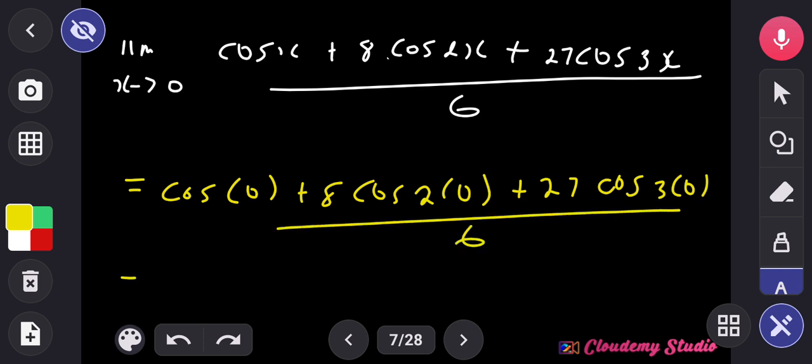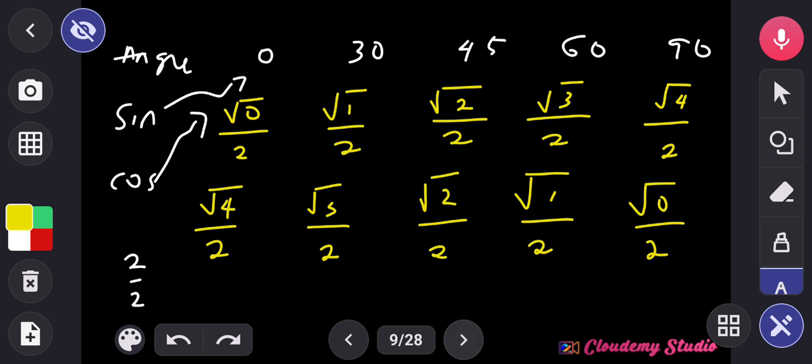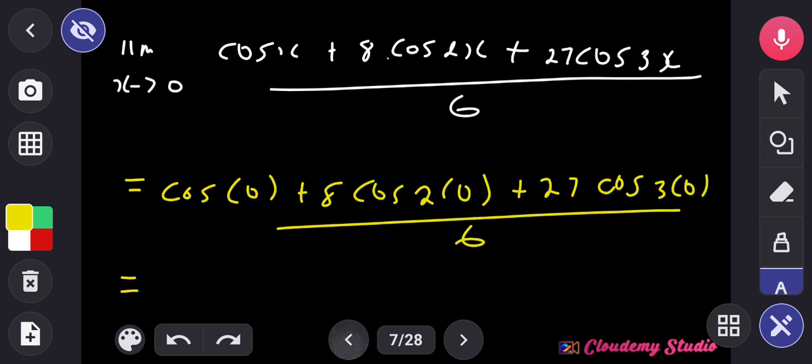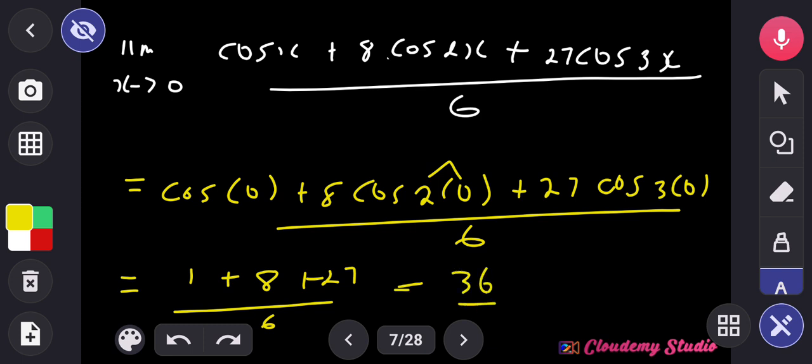Now, what is our cos 0? Cos 0 equals 1. So cos 0 is 1, 2 multiplied by 0 equals 0, so that is cos 0 as well, that is 8. Then 27 cos 0, that is plus 27. Everything divided by 6. If you add all of this together, you have 36 divided by 6. Therefore, our answer equals 6.